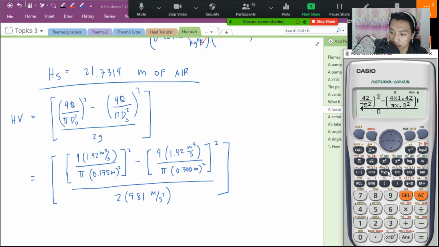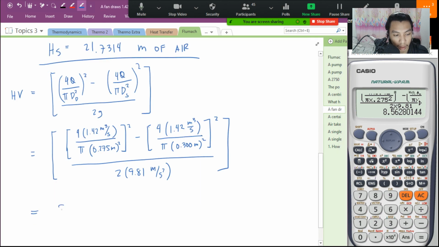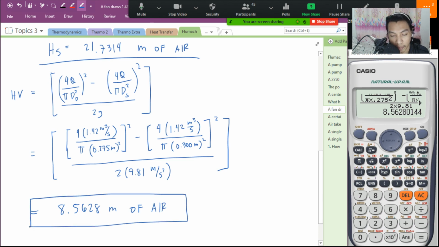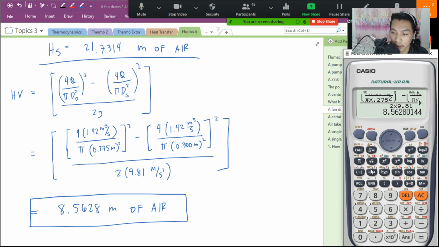Square ko ng buo. Divide by 2 times 9.81. The answer is 8.5628 meters of air. Pero pag hindi naka-air yan or naka-water gauge yung isa, water gauge din dapat to. Okay? Naka-air na yan. O, shift store natin kay B.